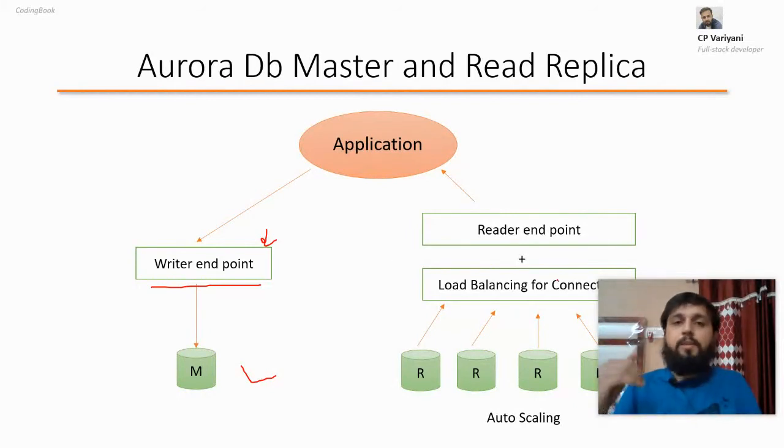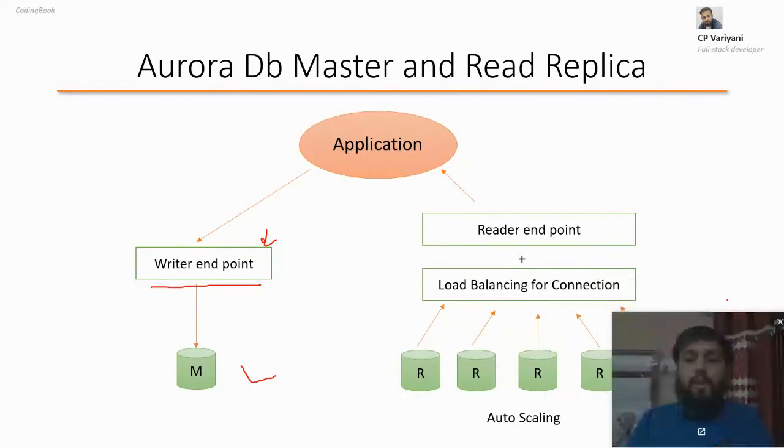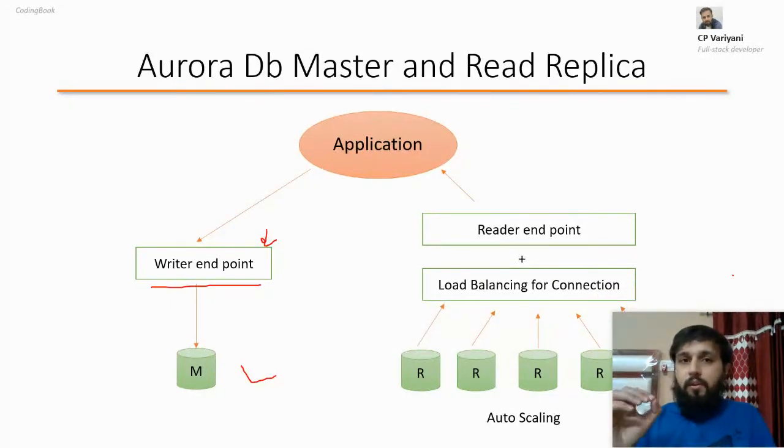Further, let's suppose you have created multiple read replicas for your application, like 1, 2, 3, 4, 5, in order to achieve auto scaling. You would have to connect those as well, but in that case you do not need to remember the connection string of each read replica.